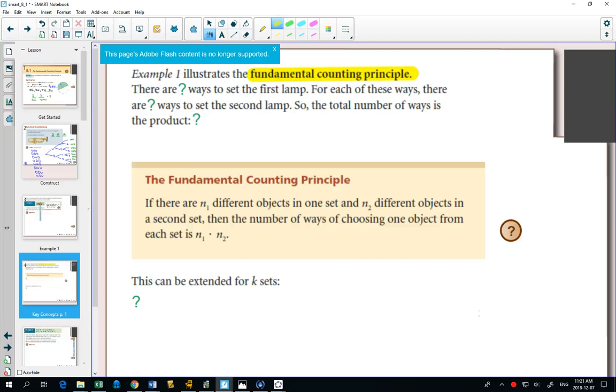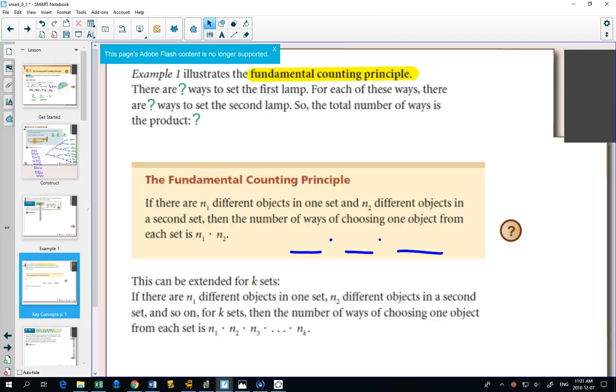What we did is we said, however many things or decisions you need to make, make your spaces, and inside each space, write down the number of choices you had for that space. So it doesn't matter how many sets you have or how many decisions you need to make, you can use this over and over and over again.